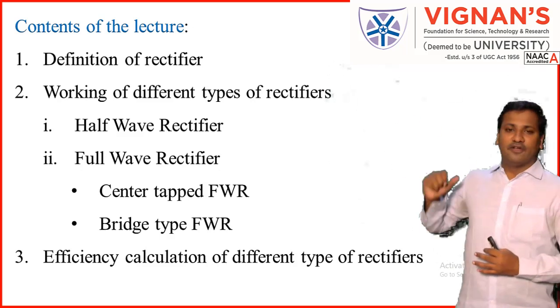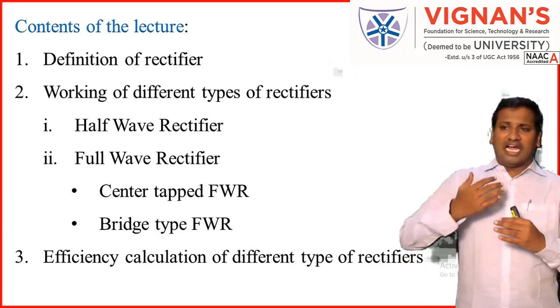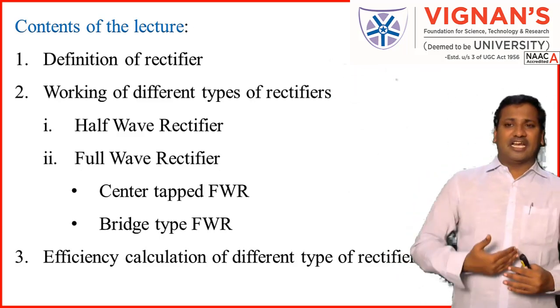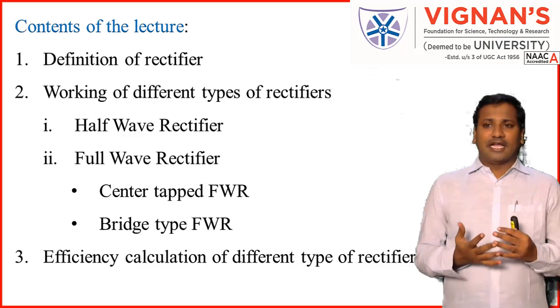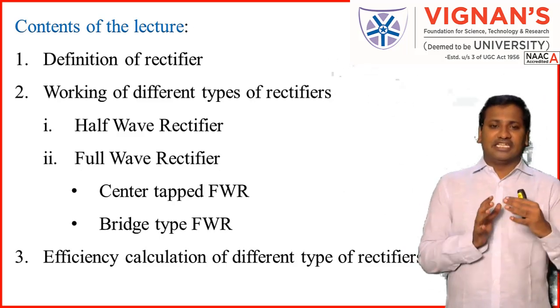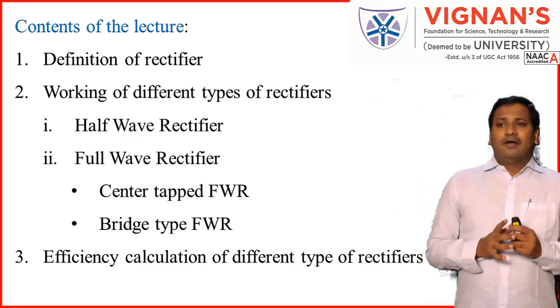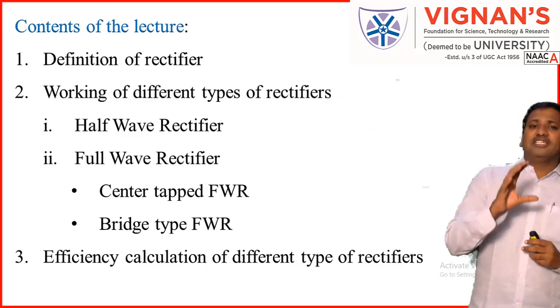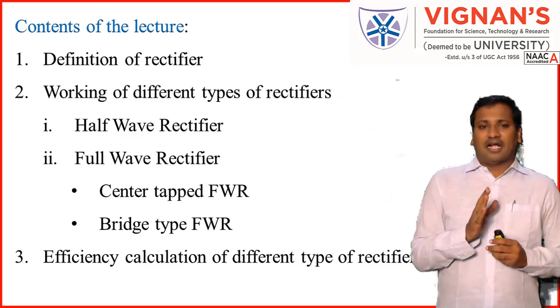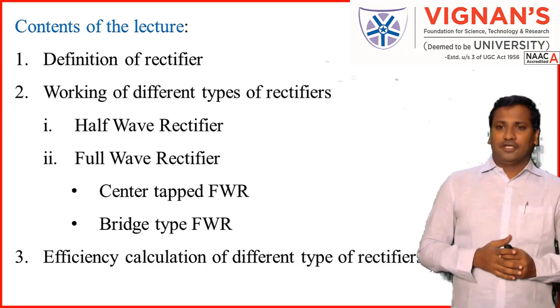They are the center tapped full wave rectifier and the bridge type rectifier. And after covering all these things, we need to calculate an important parameter of any electrical device, that is nothing but the efficiency of the rectifiers. By covering all these contents, we will come to a complete understanding of rectifiers.